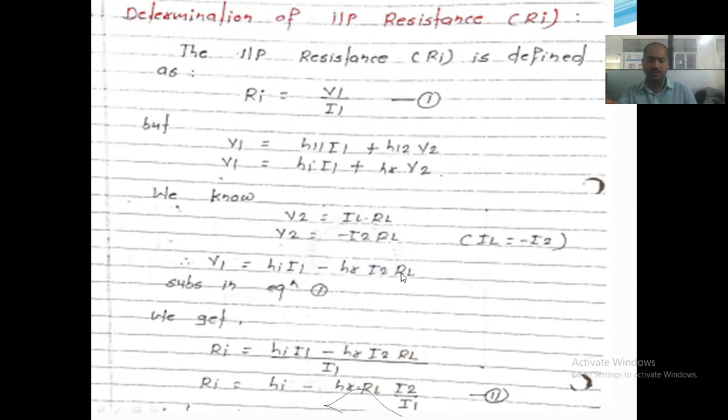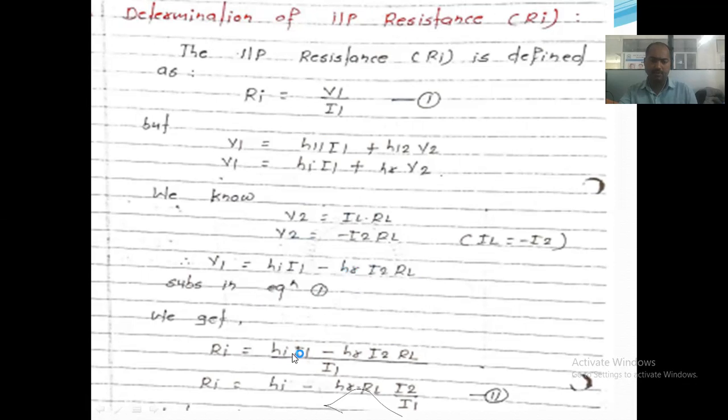So your equation is V1 equal to Hi I1 minus Hr I2 RL. Now whatever value comes in this equation should be substituted in equation number 1, meaning for V1 we write this value.